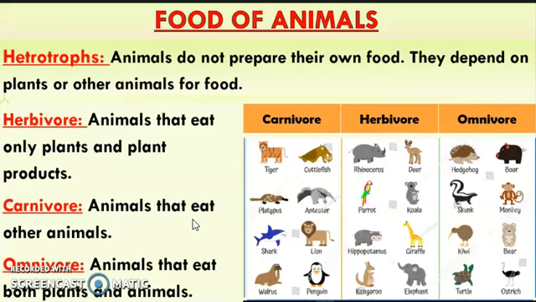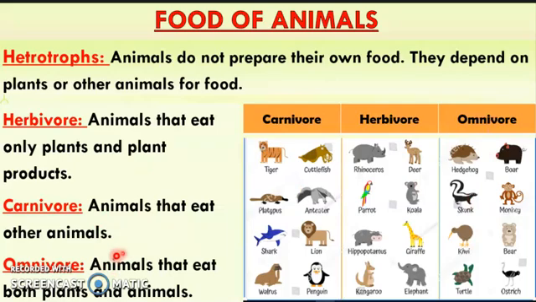Okay, foxes are not carnivores. They are omnivores. They come under the omnivorous category. Okay, now carnivores like jackal, cheetah, etc.